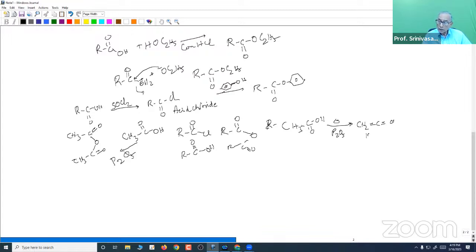This compound is called ketene. This also can be used to prepare esters. This is a very important method for preparing esters.